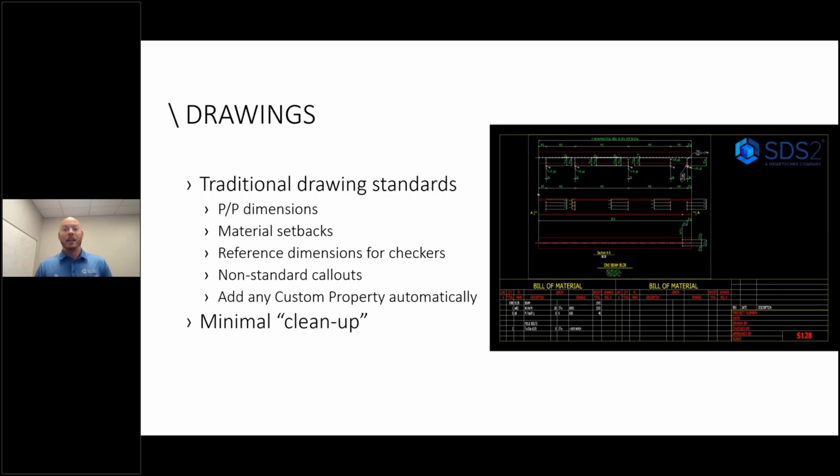And then it's customizable to where you can add what we call a custom property. You can add any of your custom properties, have those added to the drawings automatically. Really, we try to provide these as best we can to suit a lot of different people so that there's very minimal cleanup and 2D work here.